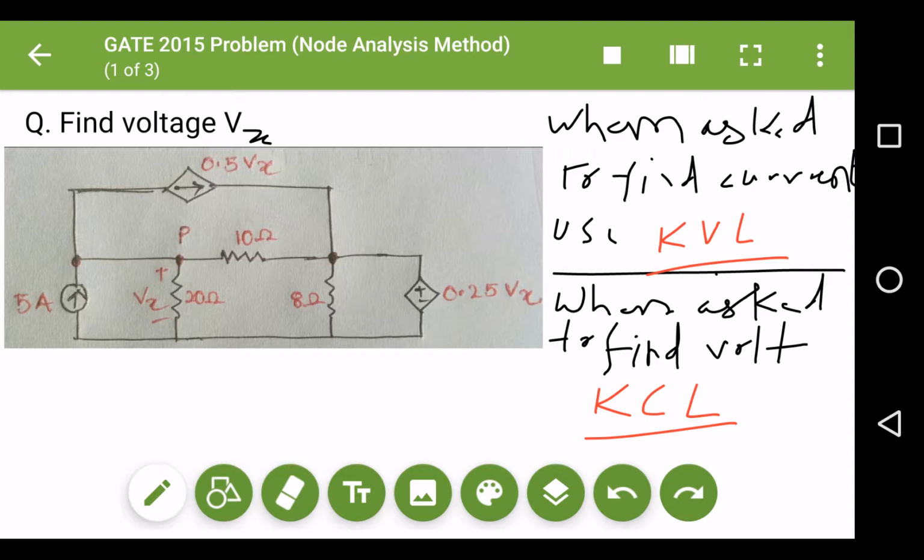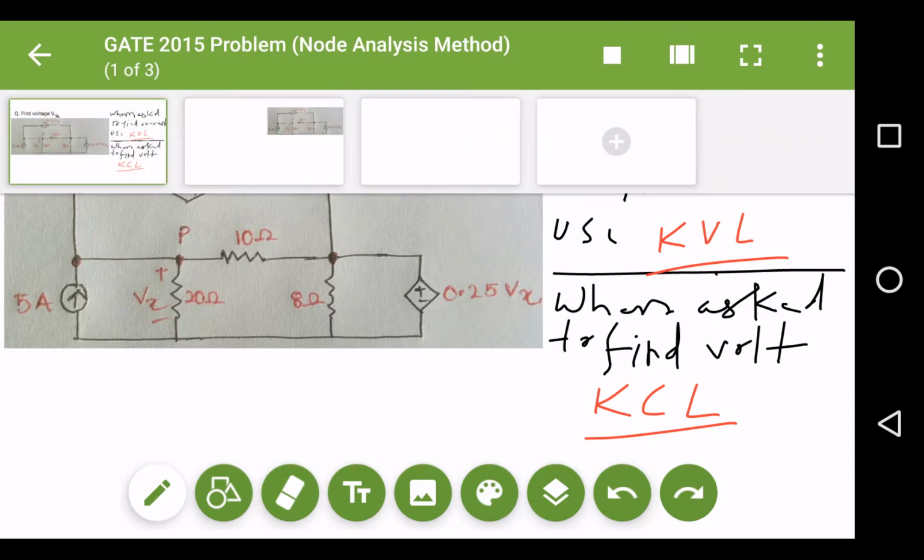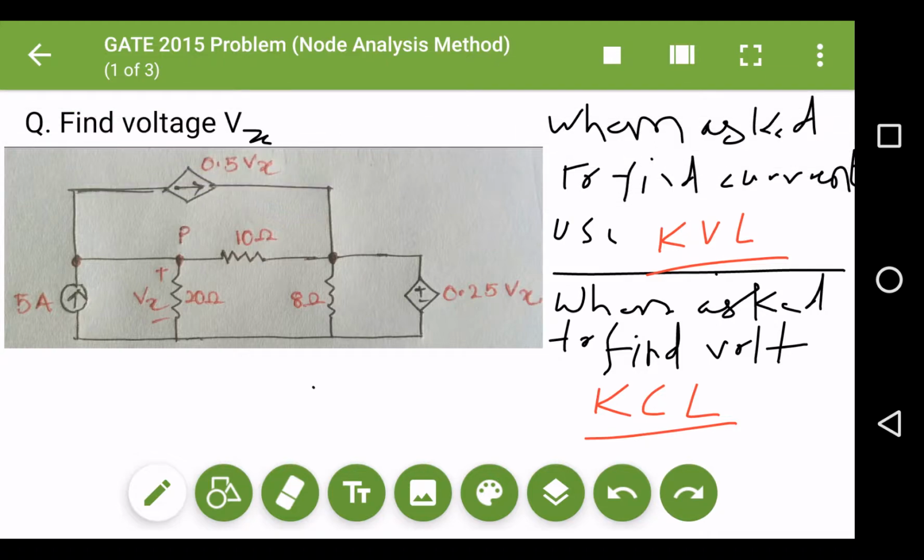Let's see how to find the voltage across the 20 ohm resistor. Before solving this problem, let me tell you that this current source of 0.5 Vx is flowing in the outward direction with respect to point P. This is my reference point, because I need to find the voltage across the 20 ohm resistance.